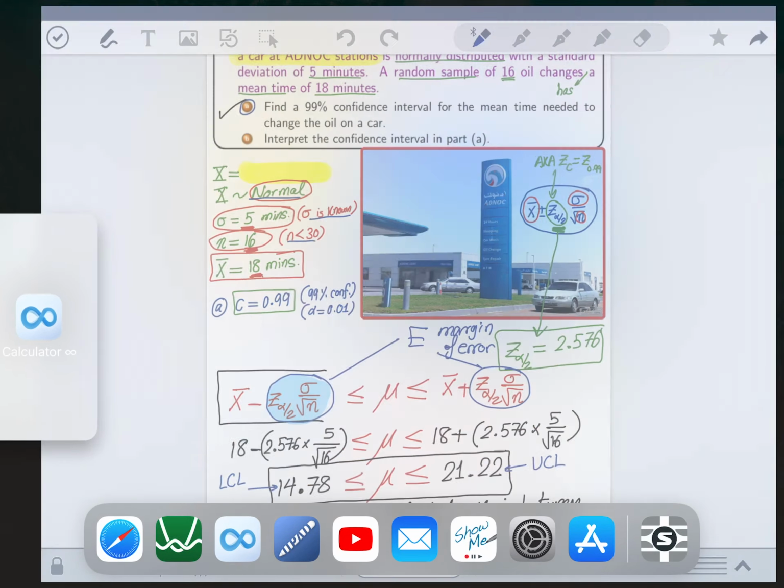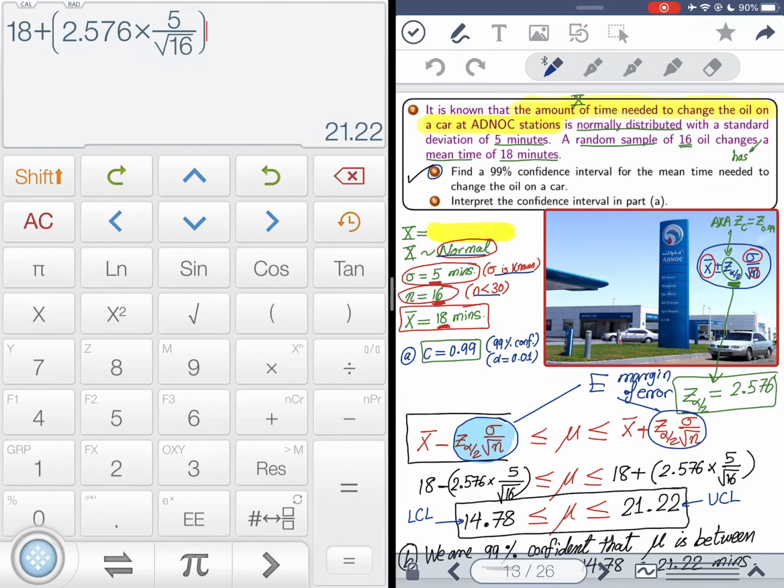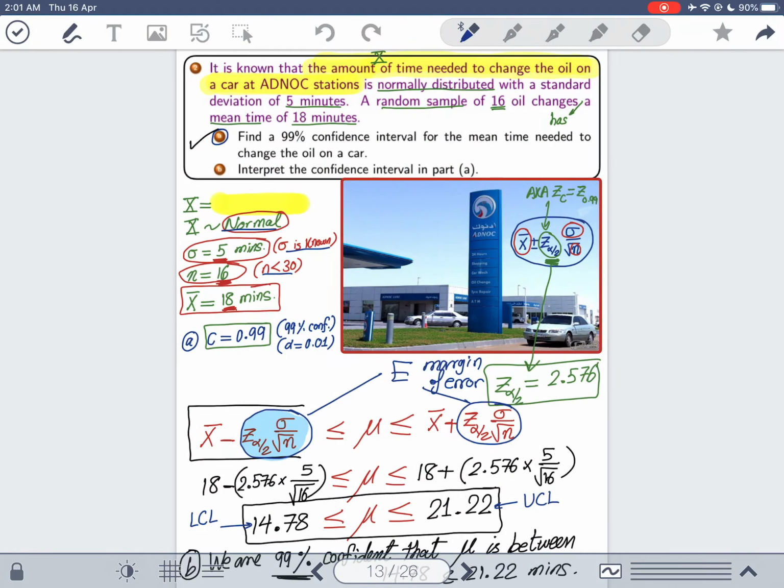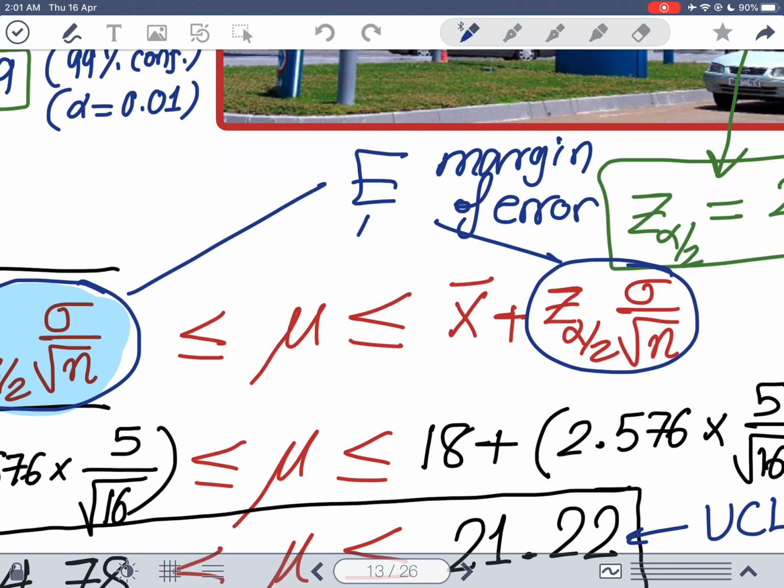So it's the one that you see inside the parentheses. If we take the 18 out and we put equal, this 3.22 is the margin of error. So I will just say it here. The margin of error for this question is 3.22. Of course, also it's in minutes.